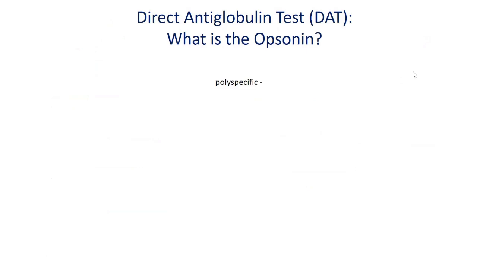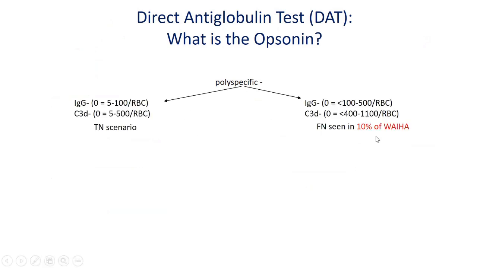Now the DAT. The DAT is a polyspecific blend looking for IgG or complement. And if its result is negative, you stop there. It's either a true negative or a false negative.